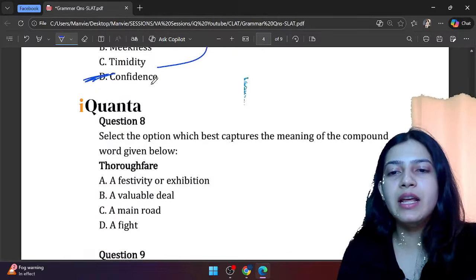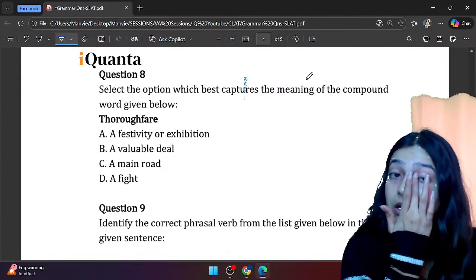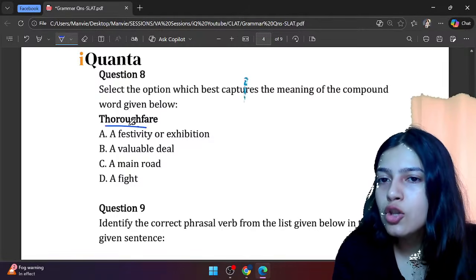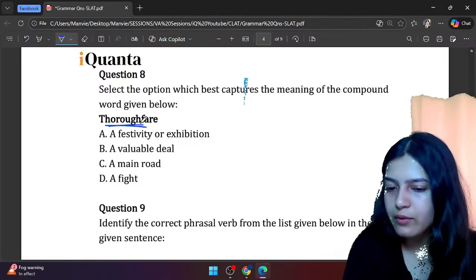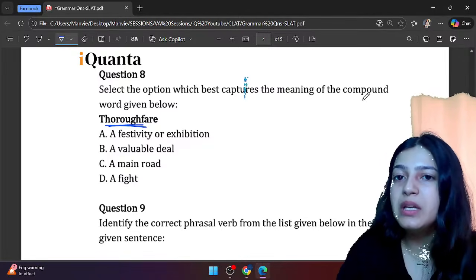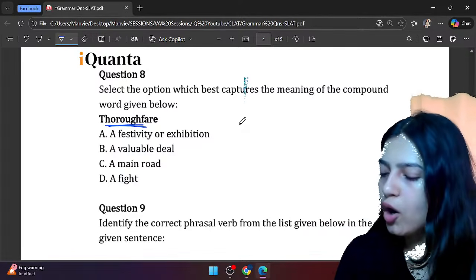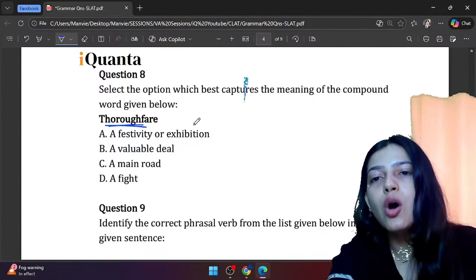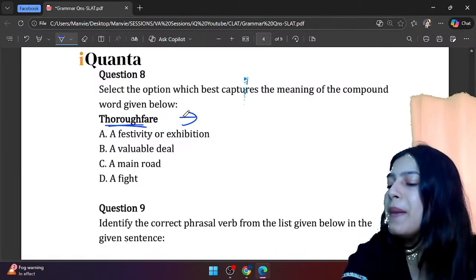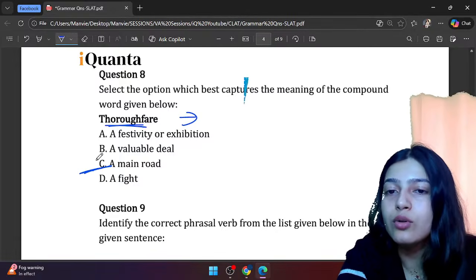Okay, next, select the option which best captures the meaning of the compound word given below. Thoroughfare is the word. It is a compound word basically, thorough and fare. So thoroughfare basically means a way through which people pass. So yes, it is a main road.